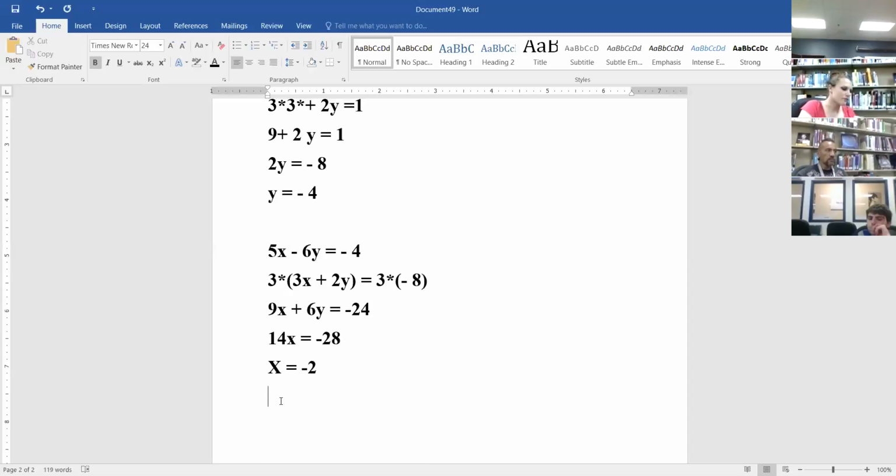6x plus 8y. What's common in those? 2. They're both even numbers. So if we divide 2 out of that, we get 2 times 3x plus 4y. So 2 is a factor.